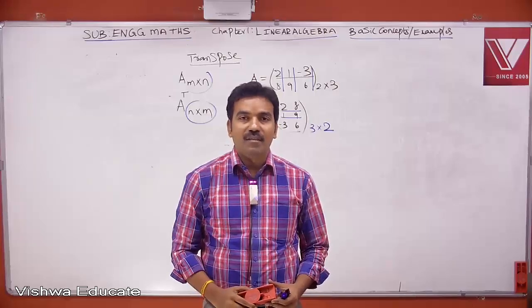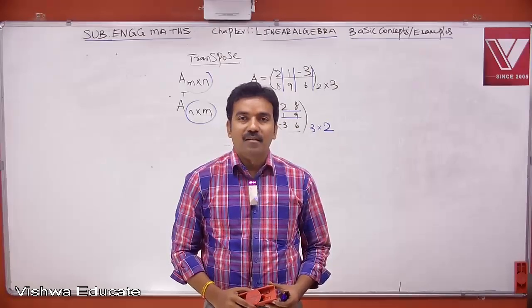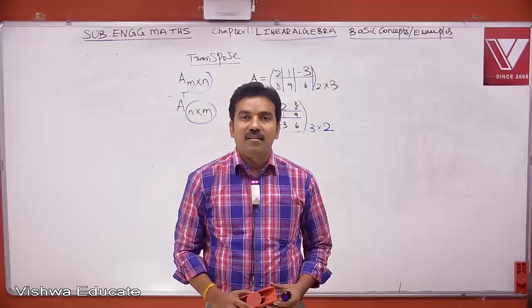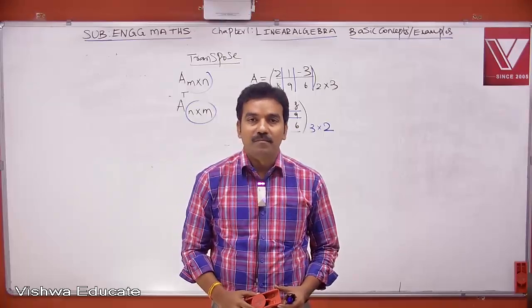I am repeating once again. If the size of A is m cross n, then the size of A power T is n cross m.